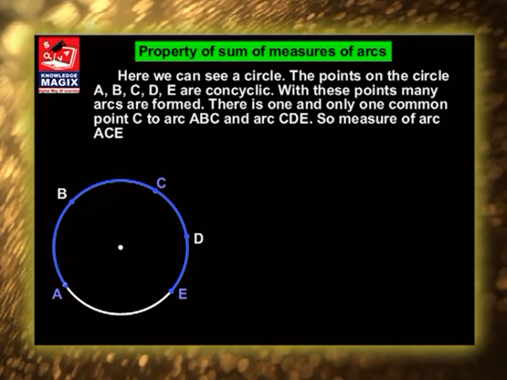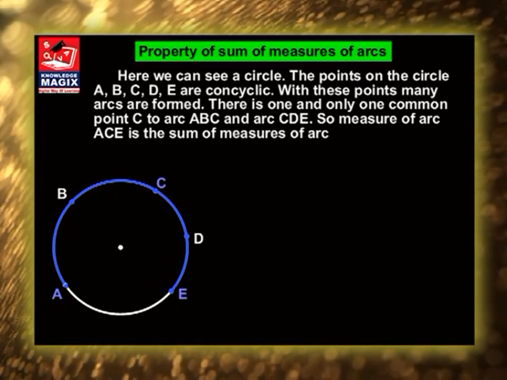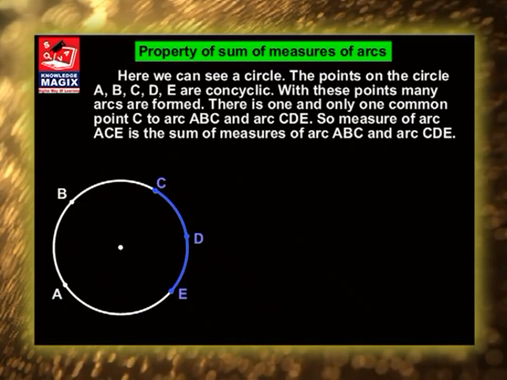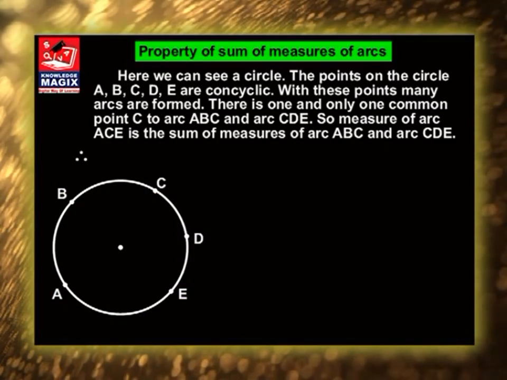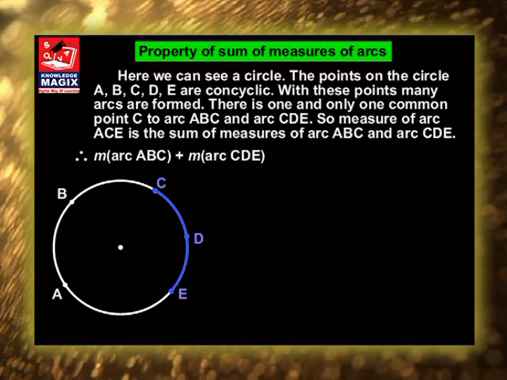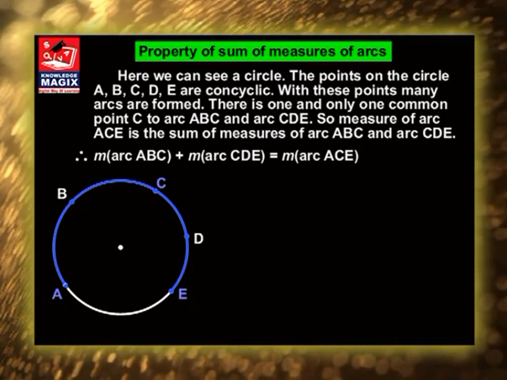So, measure of arc ACE is the sum of measures of arc ABC and arc CDE. Therefore, measure arc ABC plus measure arc CDE is equal to measure arc ACE.